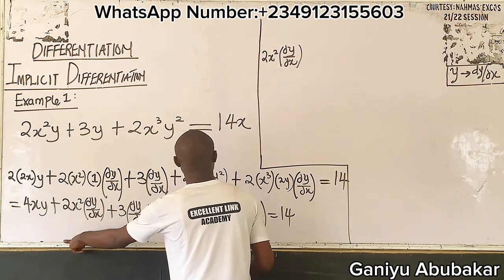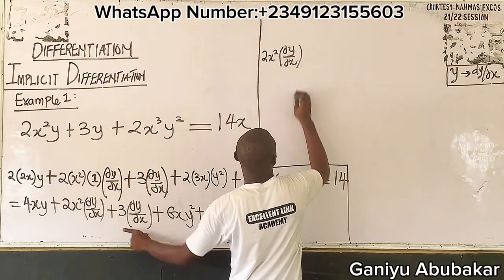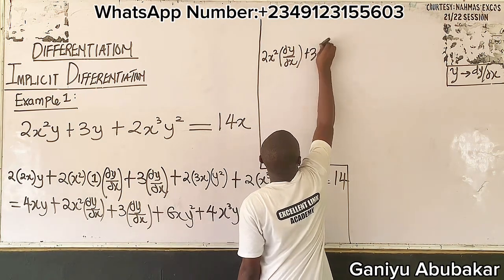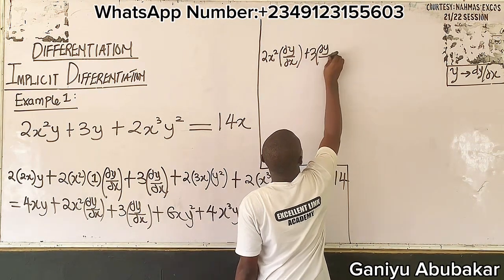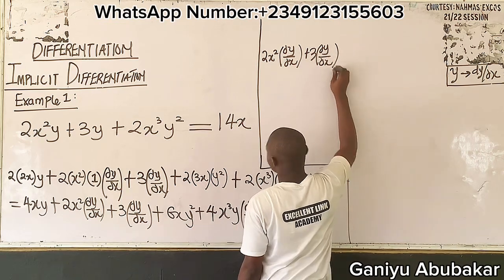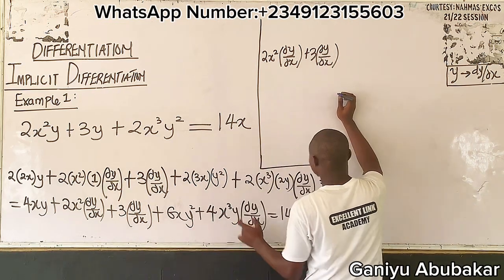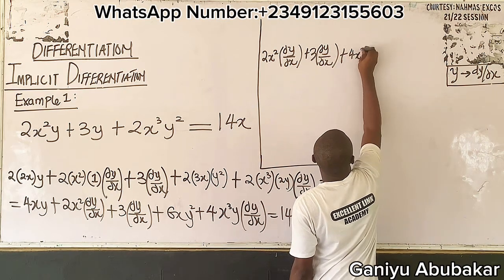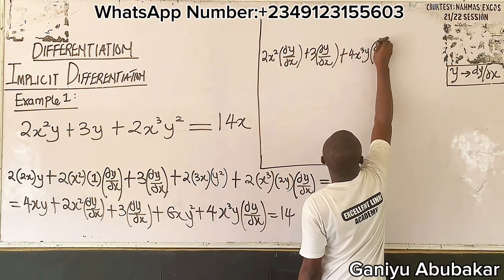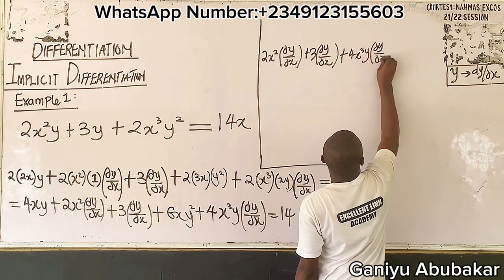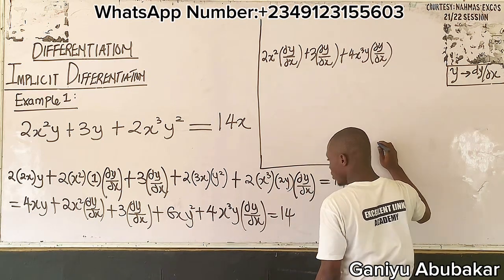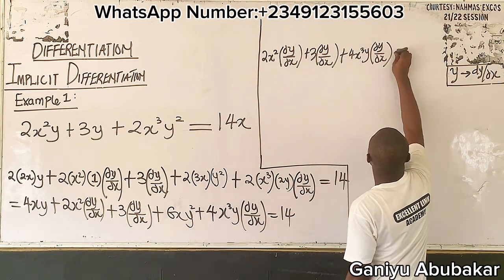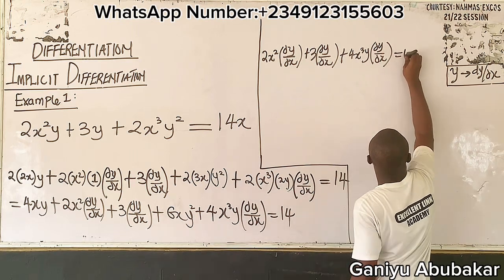So leave this one here, plus 3 into dy over dx. This one has 2 plus 4x cubed y into dy over dx. So that's all. So it's now equal to, this is 14.